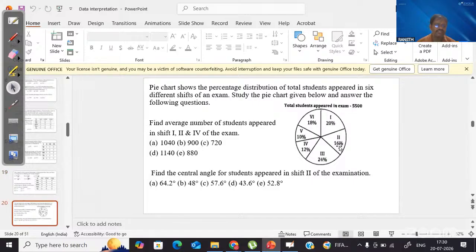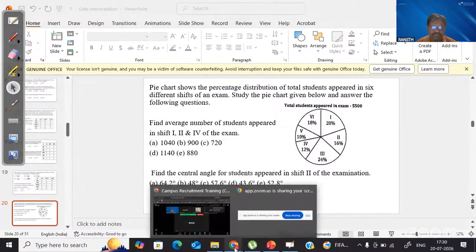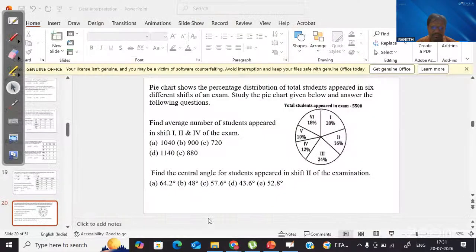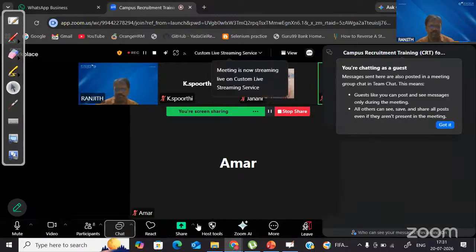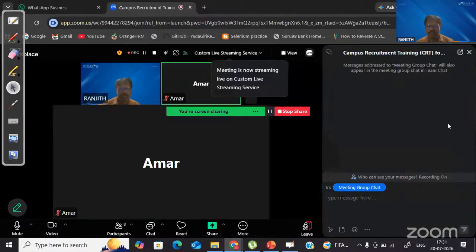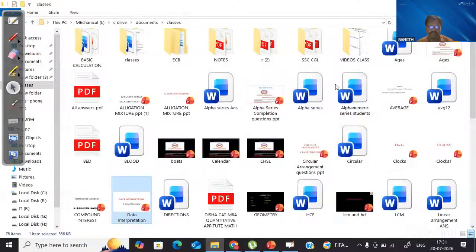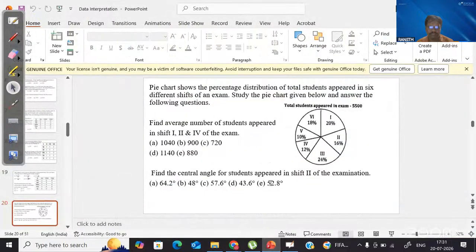Yeah, please try to solve this one. What is the answer for this one?